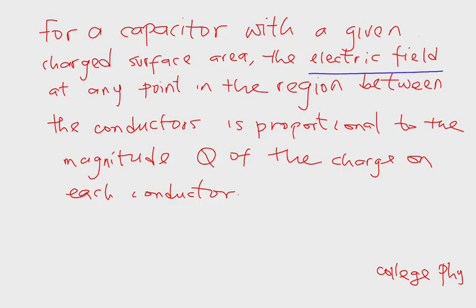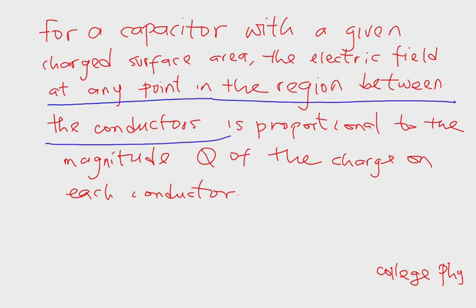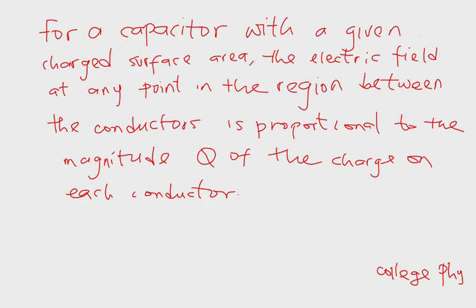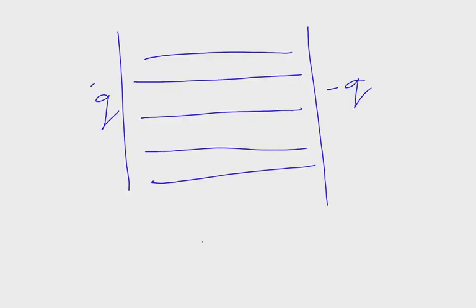The electric field at any point in the region between the conductors is proportional to the magnitude Q of the charge on each conductor. Now take note, they must have equal magnitude but opposite sign.